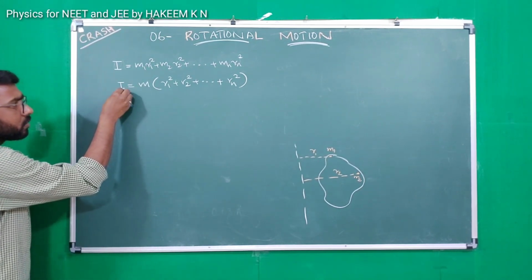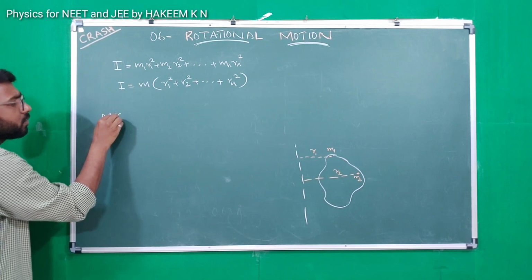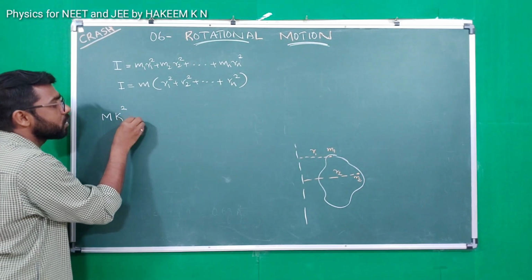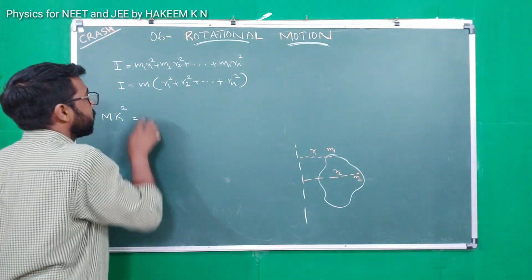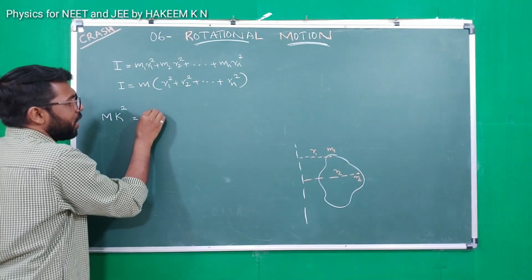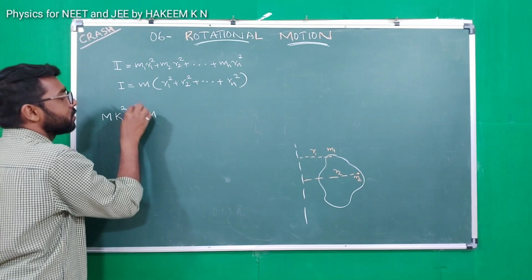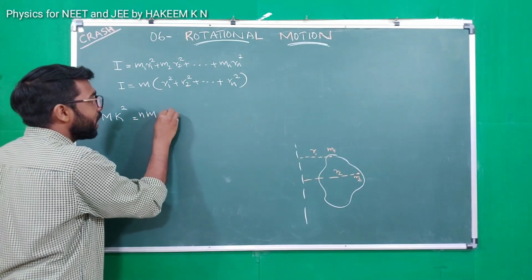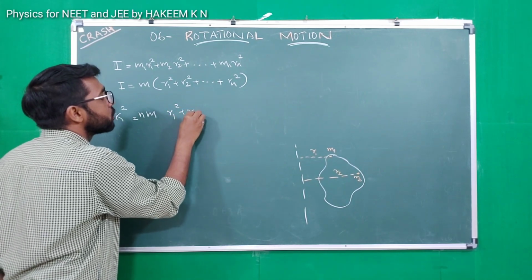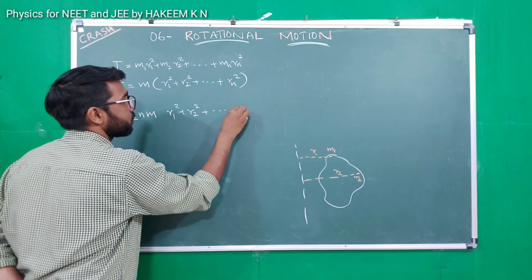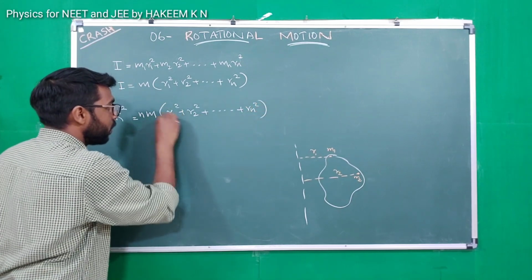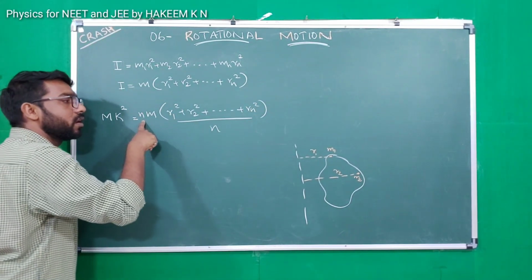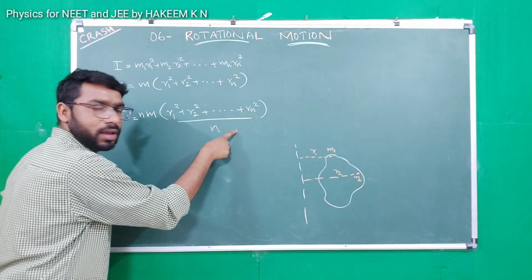And for I we can also give total mass into k square, where k is the radius of gyration, and I am multiplying with n here. n is the number of mass particles, nm. So I have to divide the term with n: r1 square plus r2 square plus etc. plus rn square divided by n.